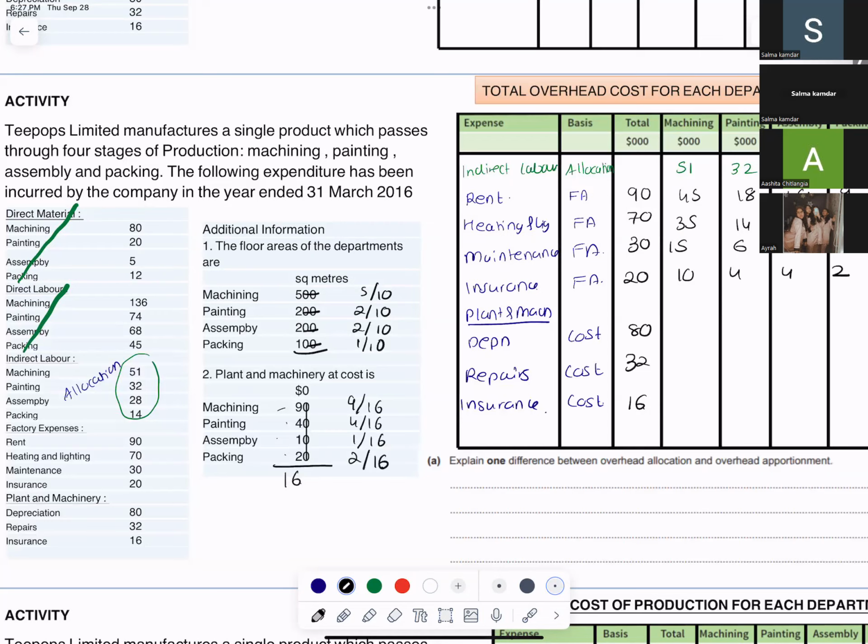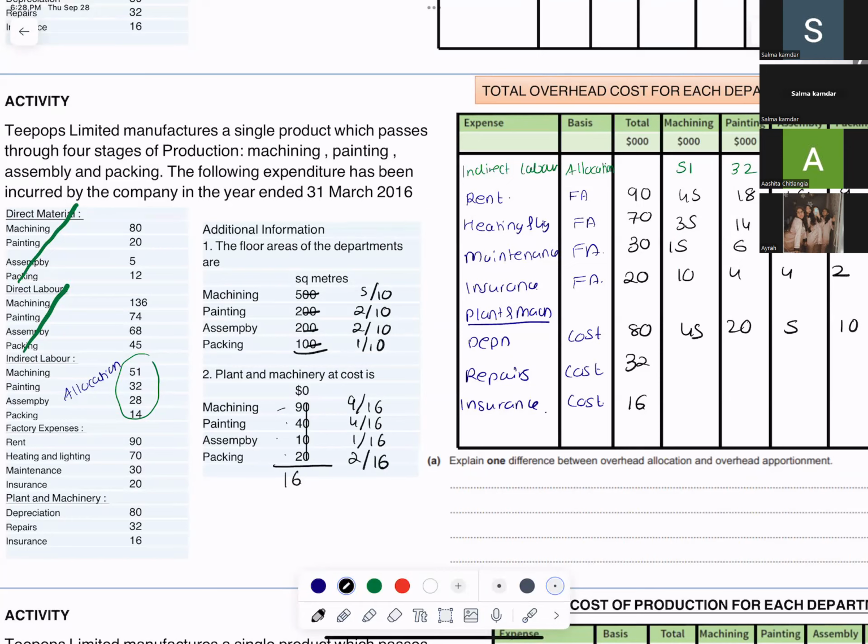Then I did it wrong. This is 45. And 20. 1 by 16 will be 5 and 2 by 16 will be 10.